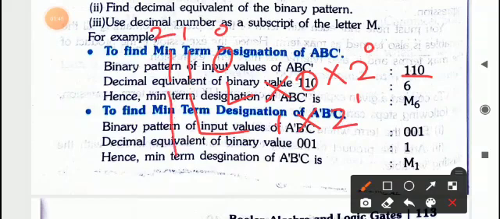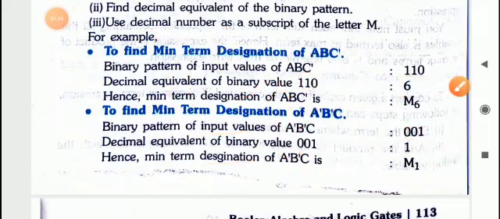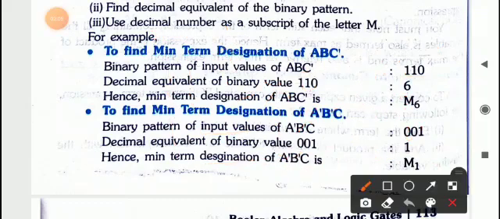In the same way you write 1 into 2 to the power 2. Now 2 to the power 0 is 1, and multiplied with 0 it will be 0, this will be 2 and this will be 4. Sum up together: 4 plus 2 plus 0 is 6. So the decimal equivalent of 110 is 6, and this 6 will be the subscript value, that is M6. In the same way you can find the min term designation of A complement, B complement and C.